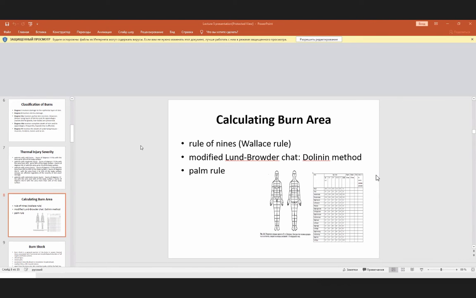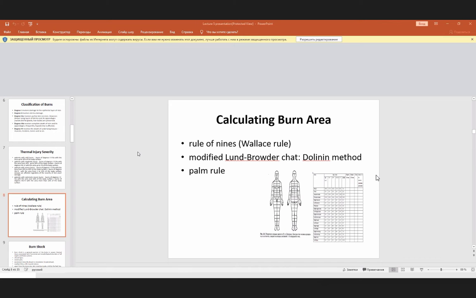Depending on the burn localization and depth, the involved segments are cross-hatched. The sum of these segments makes up the percentage of burn area in relation to the total body surface.